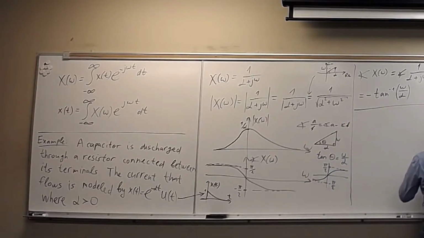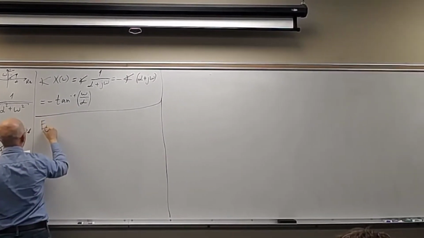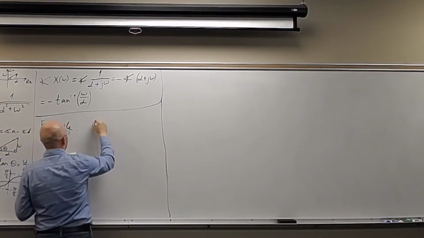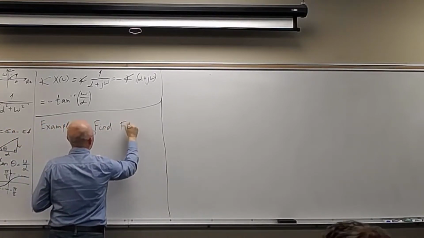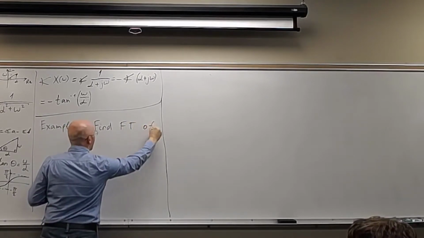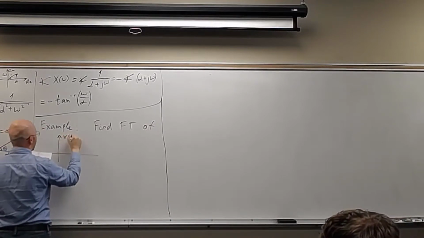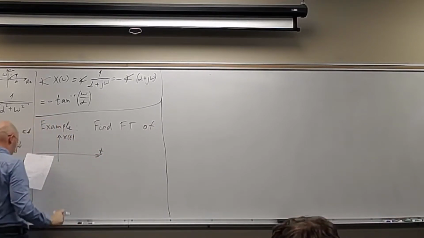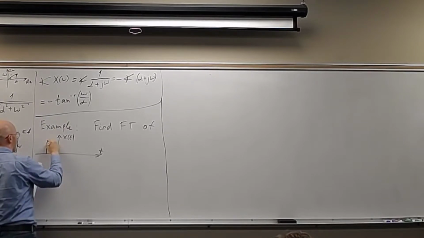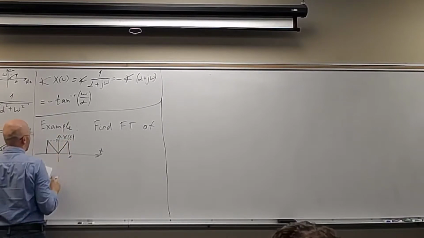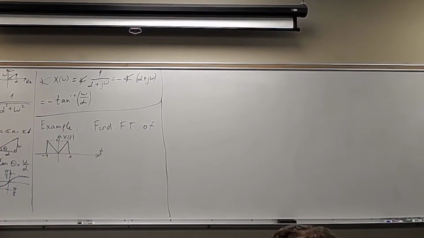Okay, so now let's see a few tricks. Another example. Find the Fourier transform of the following signal. The signal looks like that, it's x of t. It looks like the letter m.